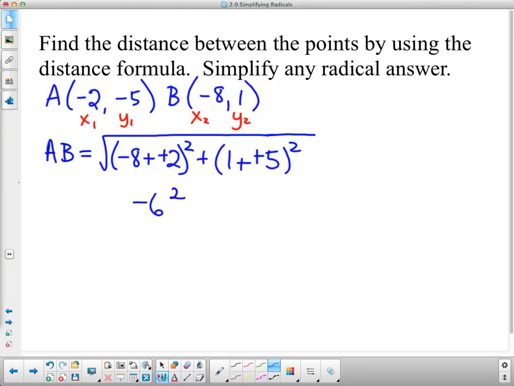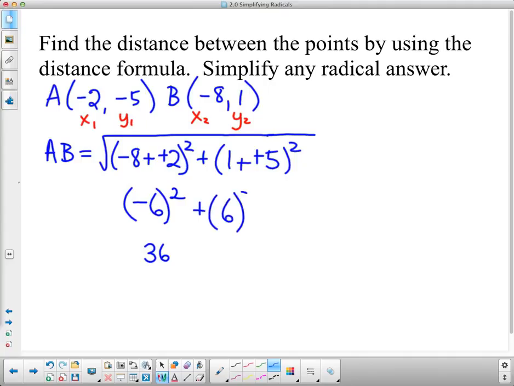Now, a lot of you get lazy and you write it that way. That's incorrect. Because that means 6 times 6 and then the opposite of it. But we need to take -6 times -6. That's what's in the parentheses. So -6 times -6 is going to be positive 36 right there.